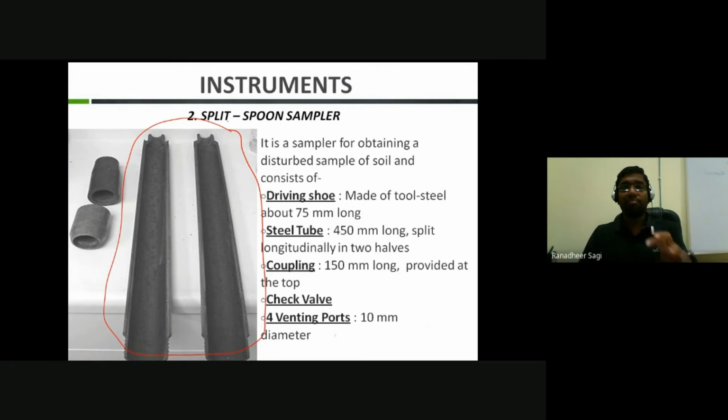However, the soil sample collected in that sampling tube, though disturbed, can be used for understanding the condition of the soil, what type of soil is there, the depth of the soil strata, and all such information. Subsequently, your index properties can also be determined from that disturbed soil sample collected from the split spoon sampler.